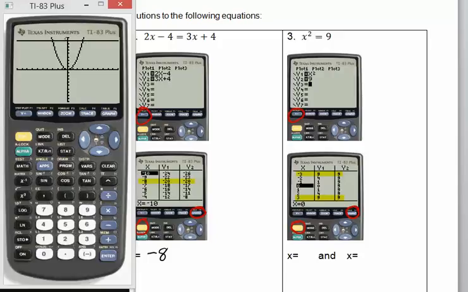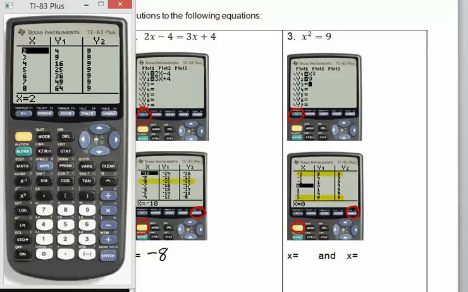So that means there's going to be two solutions. So second table, and we already have the table here, so we'll look here. y1 and y2 are the same where it's 9, so one of my answers is -3. And here as well, so another answer is +3.